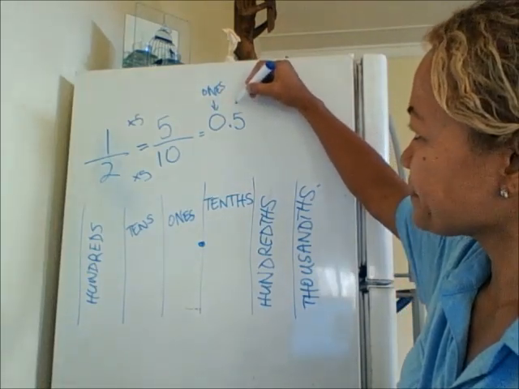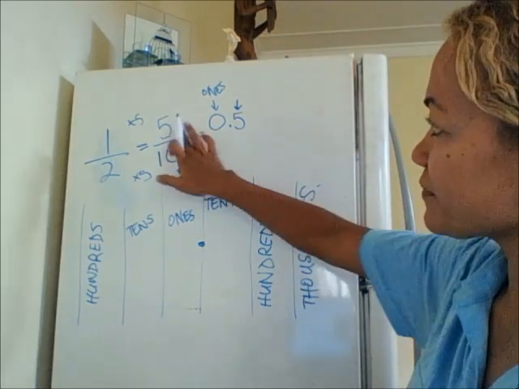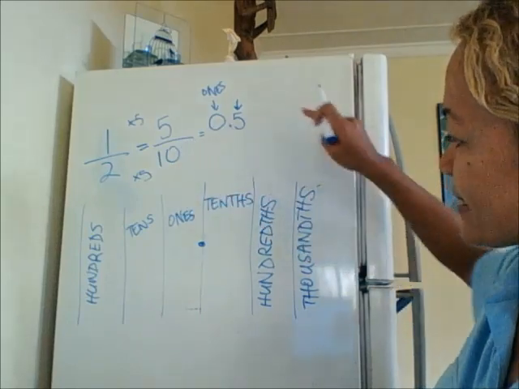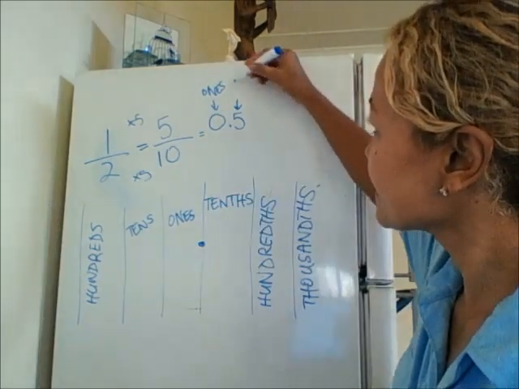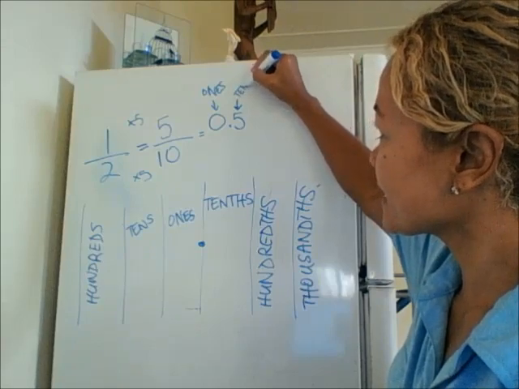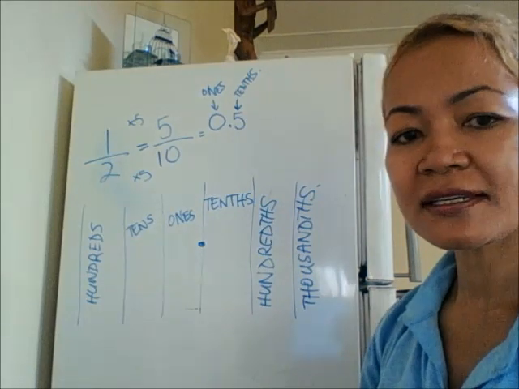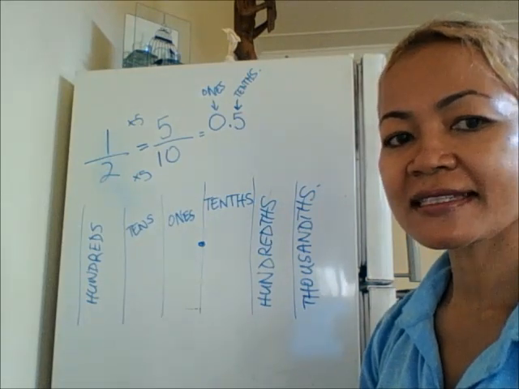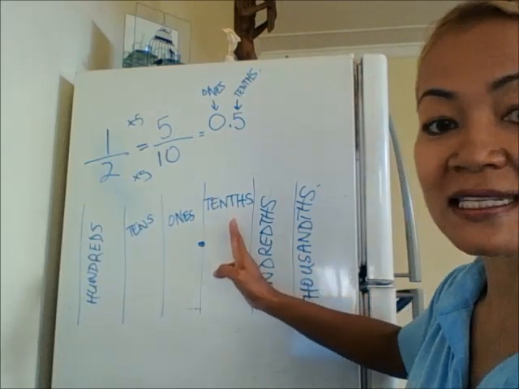So if you just remember the concept, it's 5 tenths. So this is the tenths column. Whenever you see a fraction that is something over 10, then you know it belongs in the tenths column.